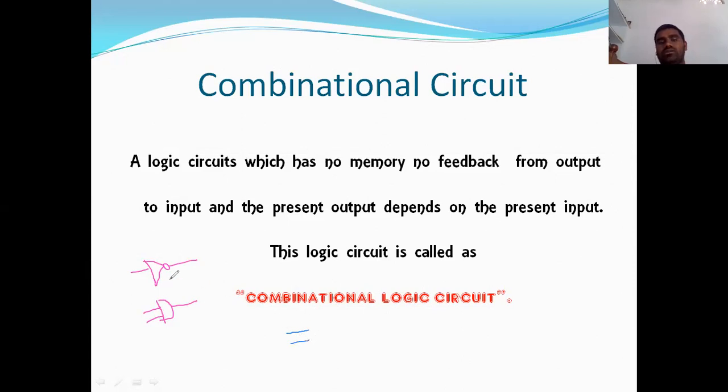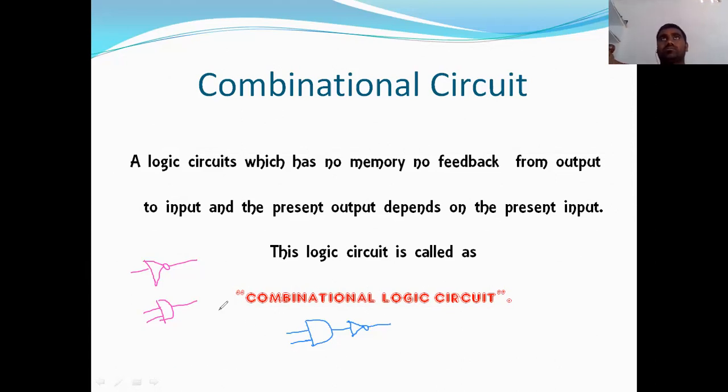Here we have different gates, one is a NOT gate and another is an AND gate. These are connected like this. So this is one combinational circuit.